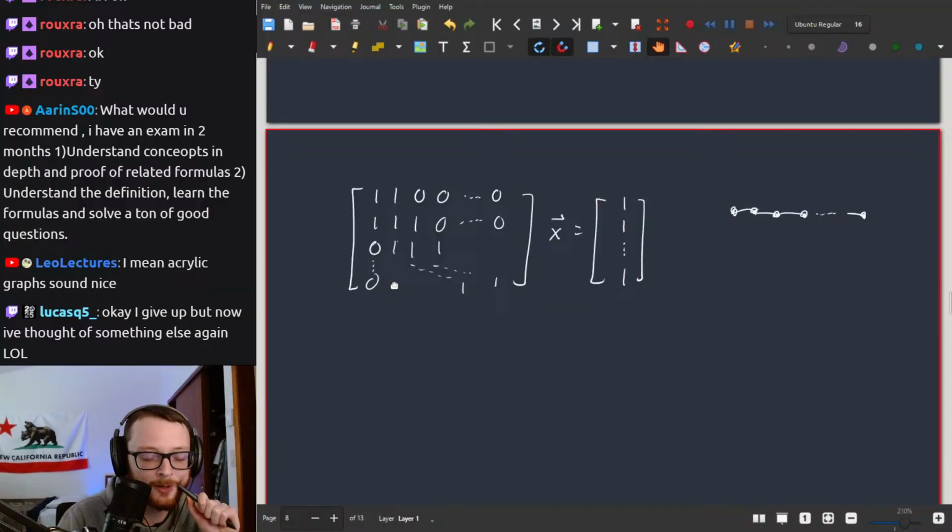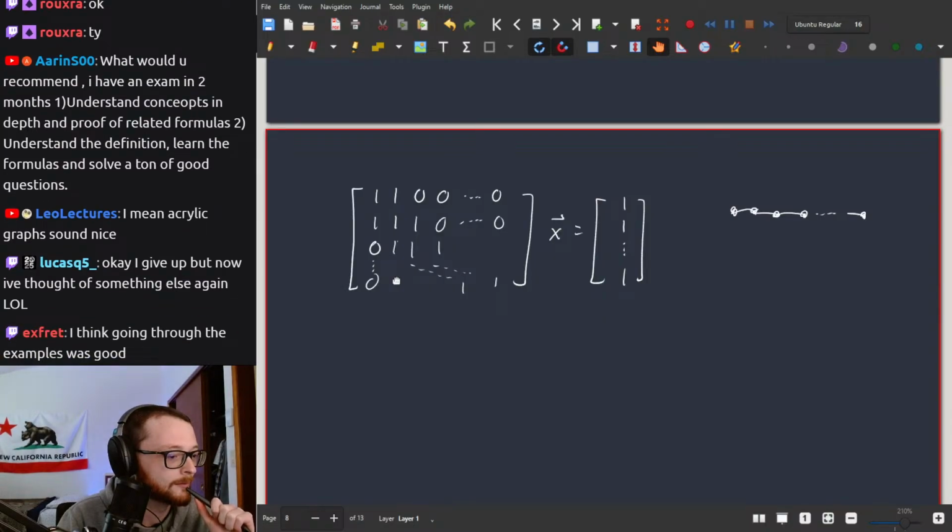Because there's certain configurations of this that would be invalid for this problem, I think. Is that true? Maybe not. Well, I guess there would be. You can't have all zeros, or else that'd be not a very interesting problem, at least.